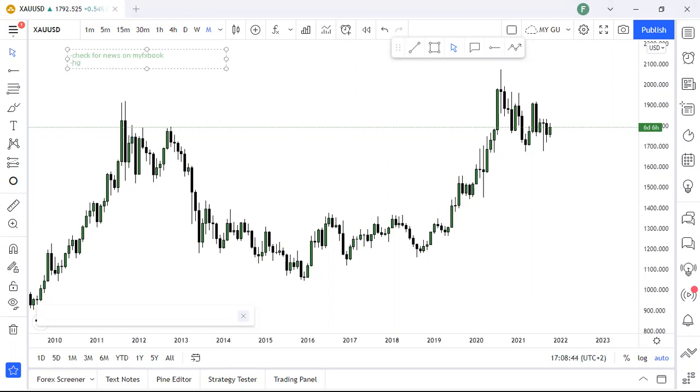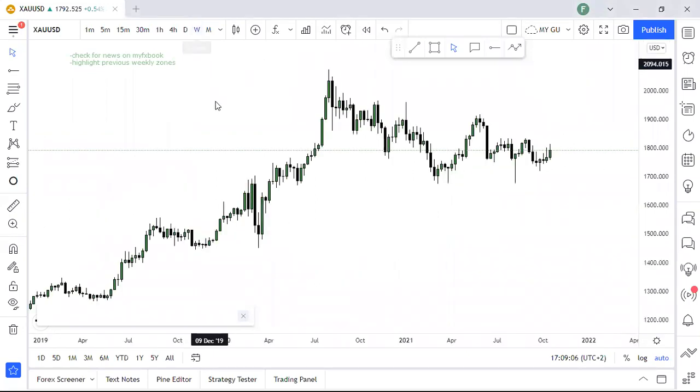So highlight previous weekly zones, right? And that's what we are going to do right here. I'm going to go on our weekly, and then we're going to highlight our high and our low of last week.